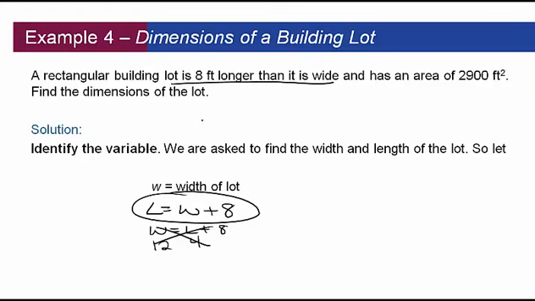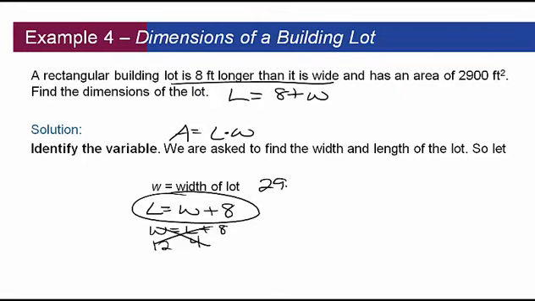Translating can be a tough skill, but if you write this, the length is 8 feet longer than the width. See how that works? Okay, has an area of 29,000. Well, what do we know about area? Area is length times width.